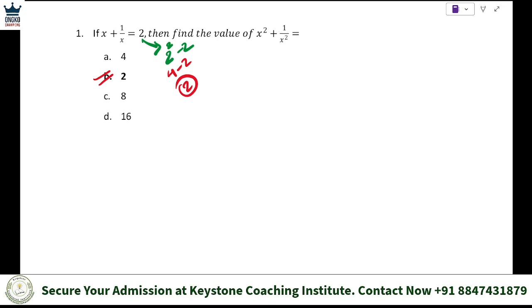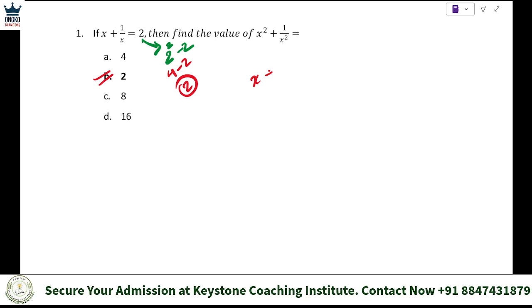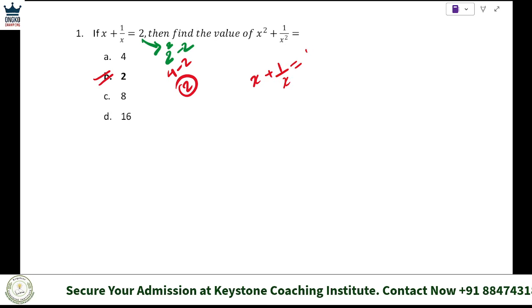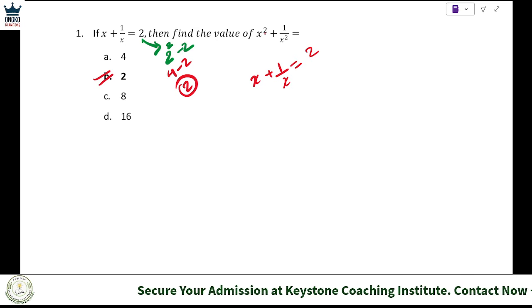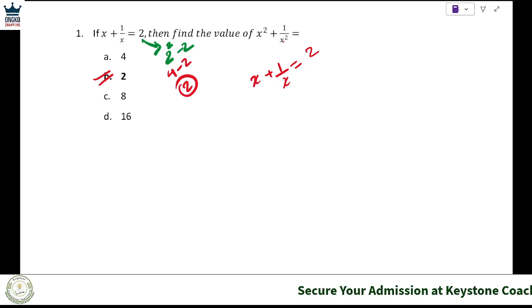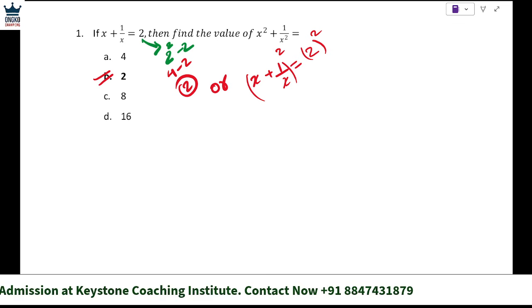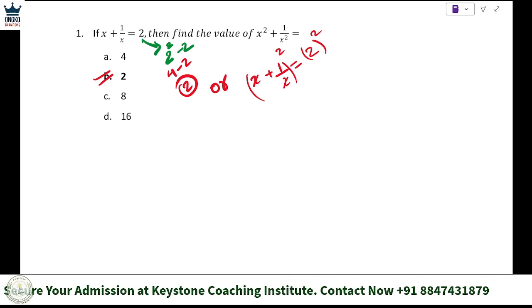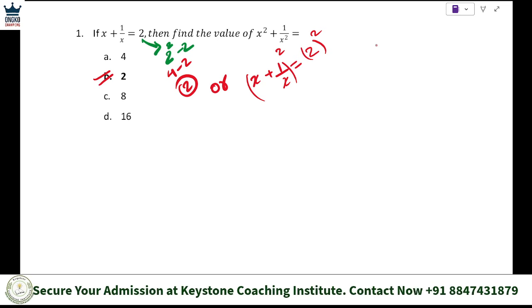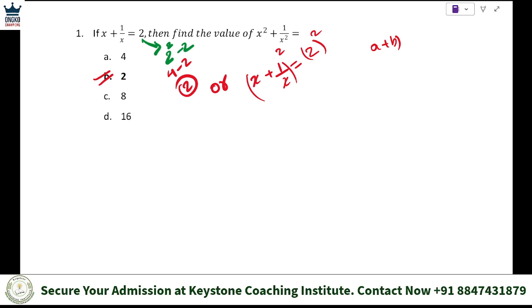However, in case you forget this, here we have x plus 1 by x is equal to 2. By any means we need x squared plus 1 by x squared, so let's square both sides. We know (a plus b) whole square is a square plus b square plus 2ab.